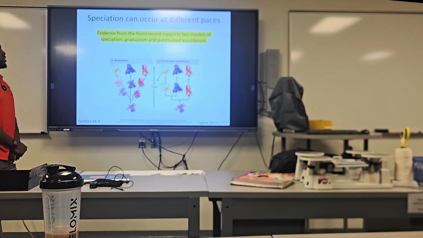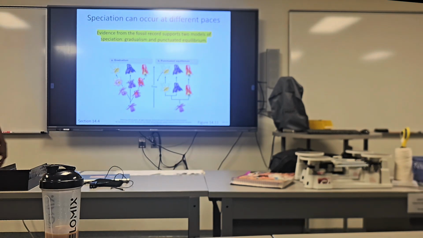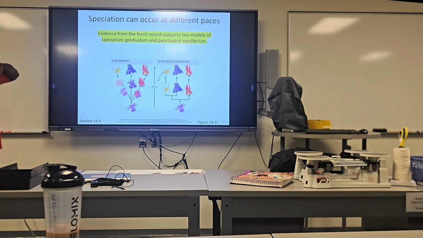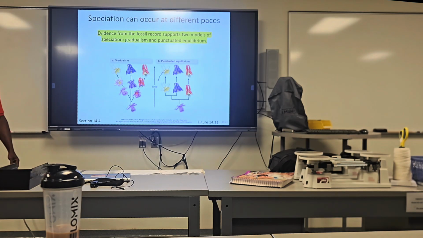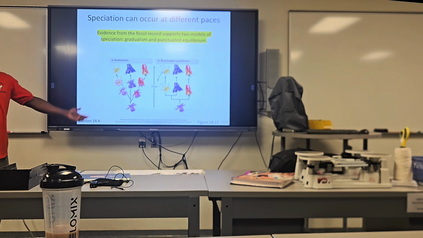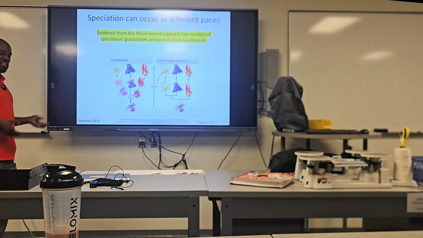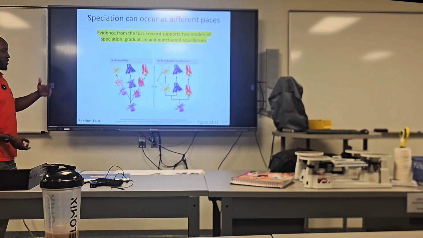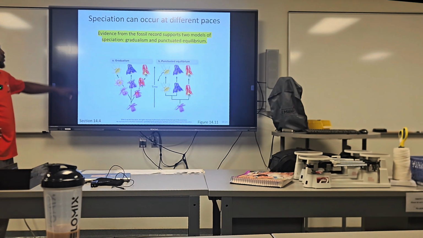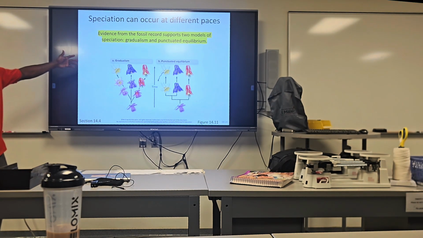And so speciation can occur at different paces. There is evidence from the fossil records, and people have studied these for many, many years, including the different rings in the trees and the things in the rocks. Fossil records support two models of speciation: gradualism and punctuated equilibrium.